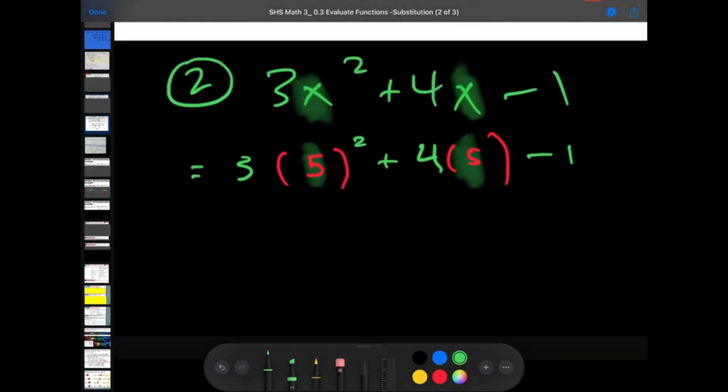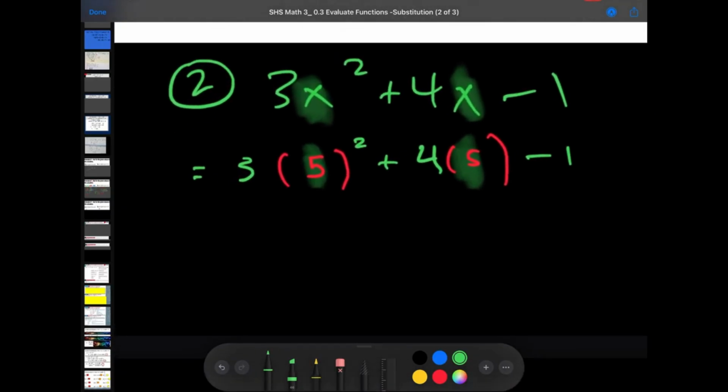Okay, order of operations. Should I multiply or do exponents? And class, what does 5 squared mean? 5 squared is 5 times 5, which is 25. So 3 times 25.